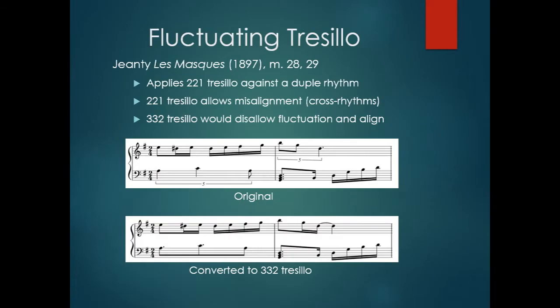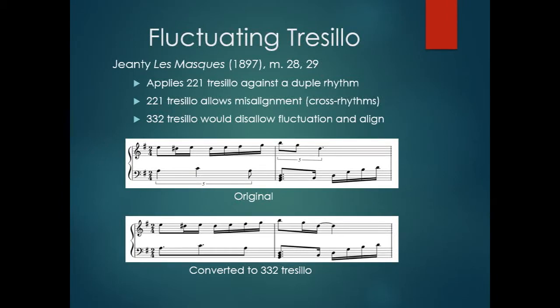As an example for a 2-2-1 tresillo, this example questions whether or not the tresillo rhythm can fluctuate. It seems that the commonly used 3-3-2 tresillo denies fluctuation, whereas in this example here, the 2-2-1 tresillo will actually allow fluctuation.